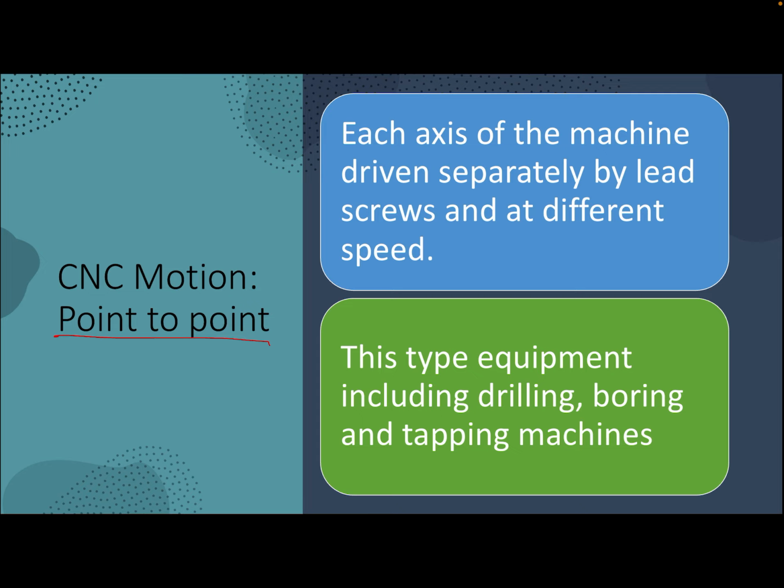at which they remain until the cutter finishes the process and retracts. This type of equipment includes drilling, boring and tapping machines, and each axis of the machine is driven separately by lead screws at a different speed.